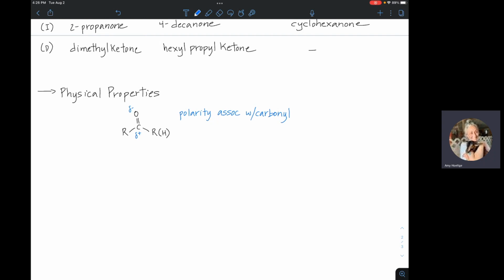Oxygen is more electronegative than carbon, so the oxygen has a greater share of the double bond electrons. Aldehydes, we have to talk about them just a little bit separately here. Aldehydes have a greater partial positive charge on the carbon than ketones do, because an alkyl group does a better job supporting the positive charge. Remember when we talked about intermolecular forces in general chemistry, the more mass you have associated with a species, the greater the dispersion forces.